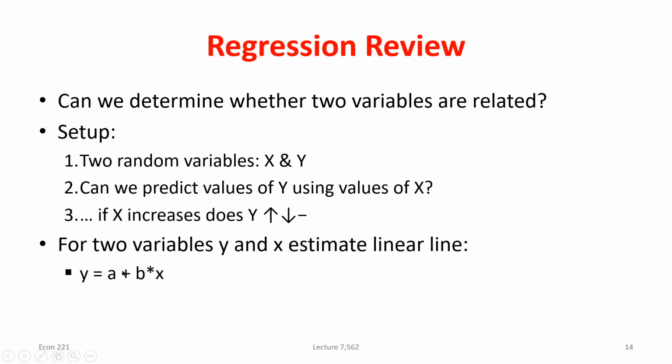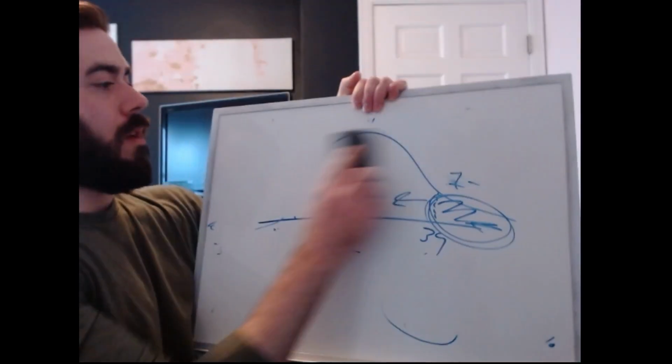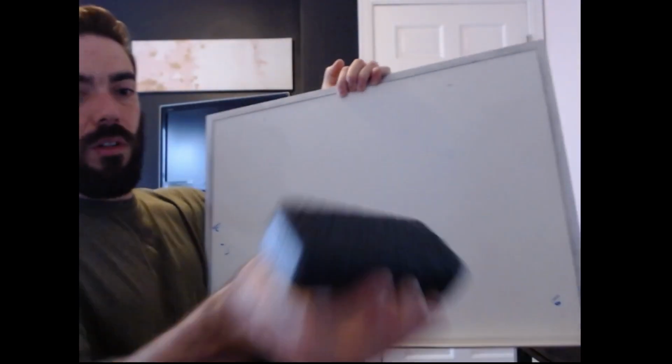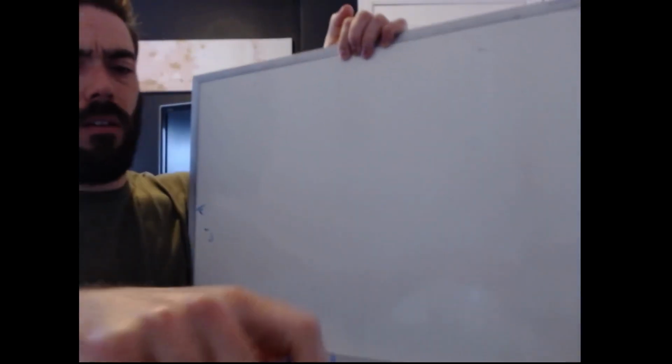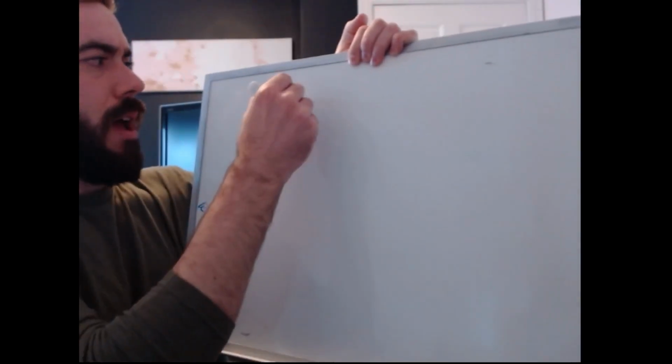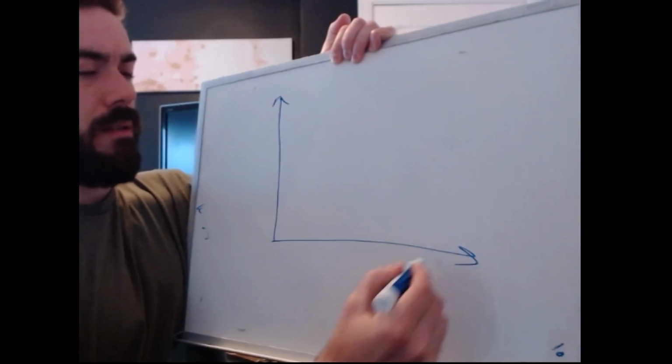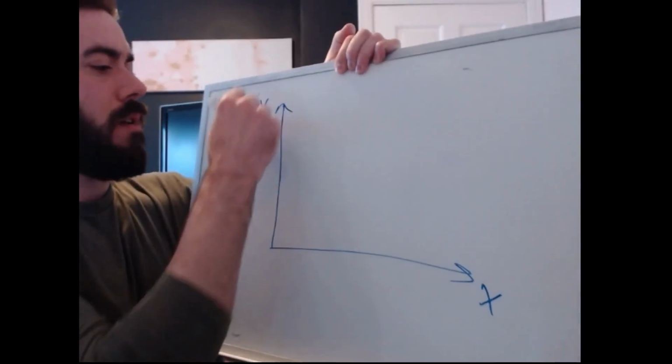So what we're going to do is have this equation: y is equal to a plus b times x. That coefficient b is going to tell me, if x goes up by 1 unit, how much does y go up by? Linear regression in its most simplistic form is really just a line. Here's my x, here's my y.